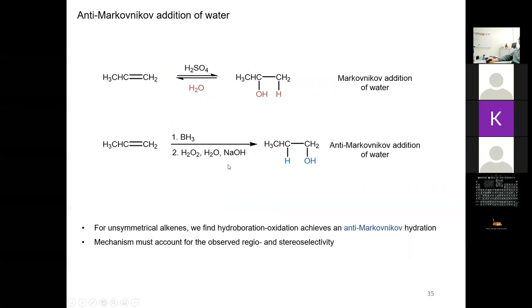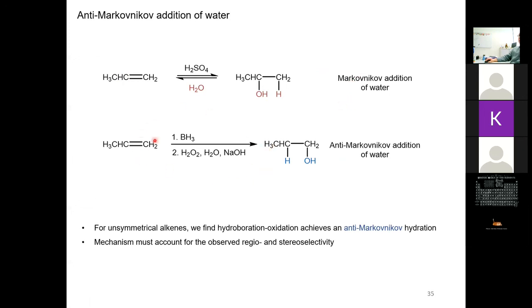As I told you, the selectivity of this hydroboration-oxidation sequence is different from the normal hydration reactions. For the acid-catalyzed hydration, because you generate a carbocation at the more stable position, you have a Markovnikov addition of water.